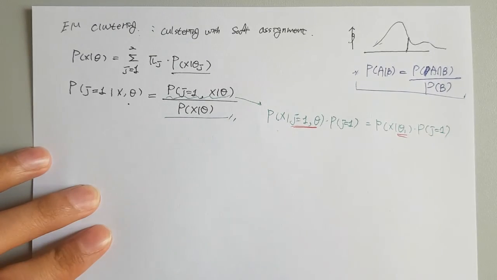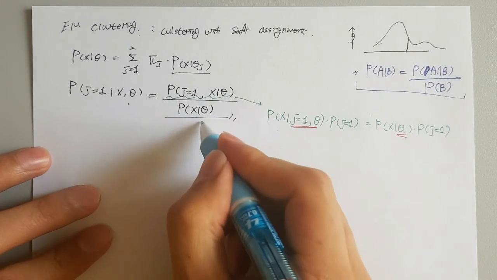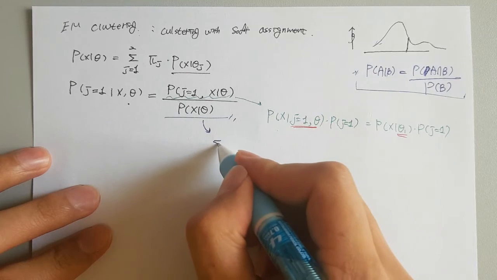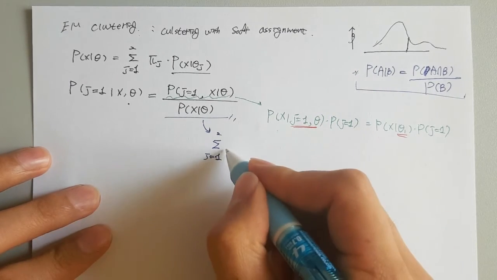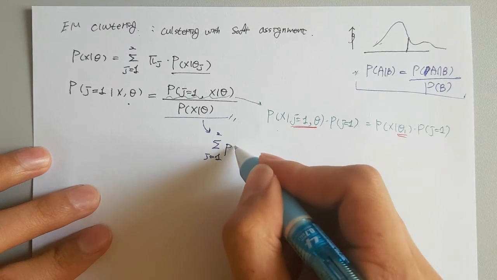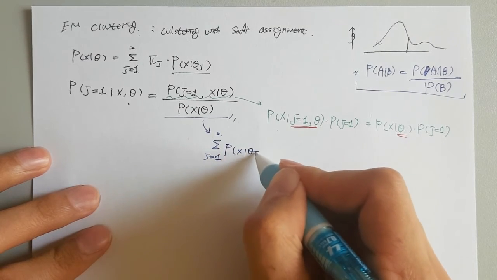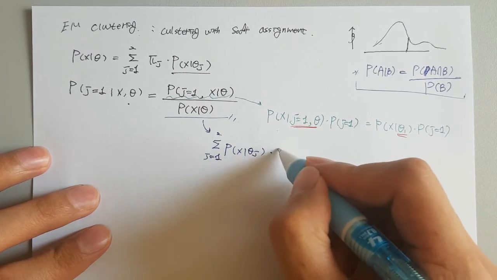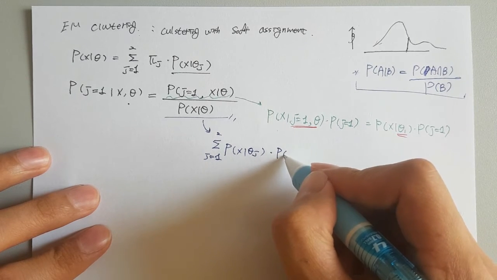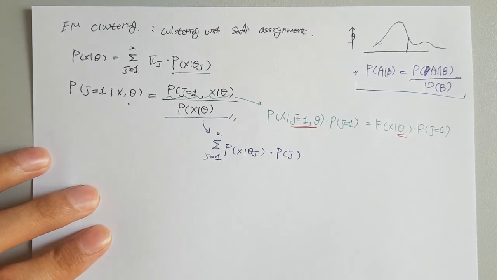And here the probability of this one can also be represented as, because this is the distribution of the general case, the sum of each probability or distribution, multiplied by, or weighted by, this probability weight.